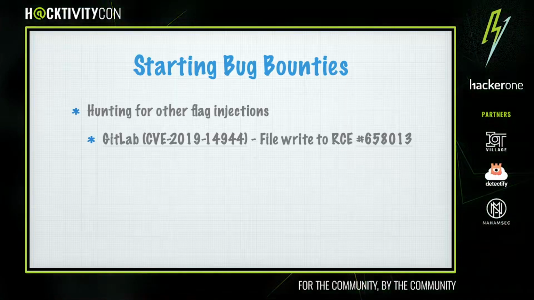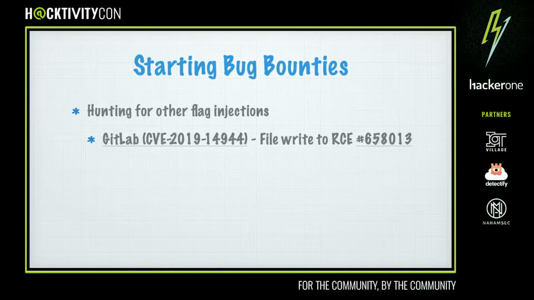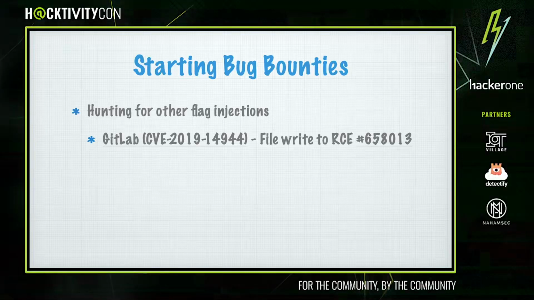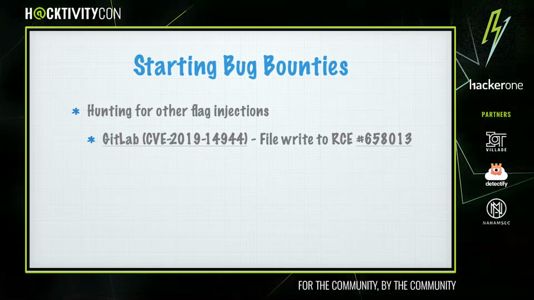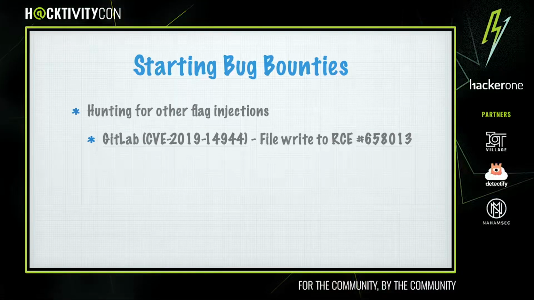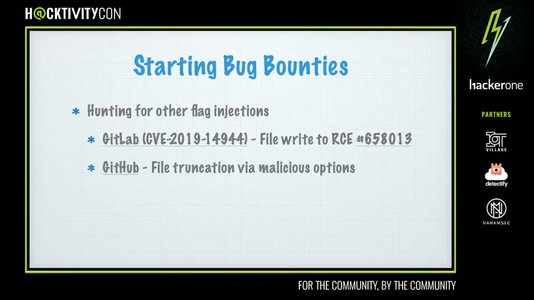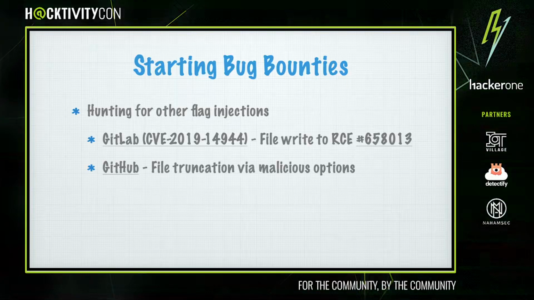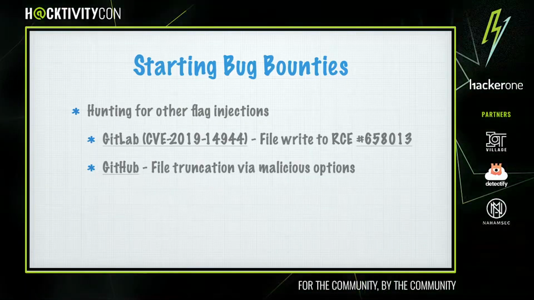And you could use the same technique as the original report to overwrite the authorized keys and gain remote code execution. GitLab's a very open company and they have a pretty good track record with security. So I thought if they had some issues like this, then quite probably other services might have similar types of issue, which did turn out to be the case. I managed to find a similar issue in GitHub, which allowed files to be truncated or blank files created.